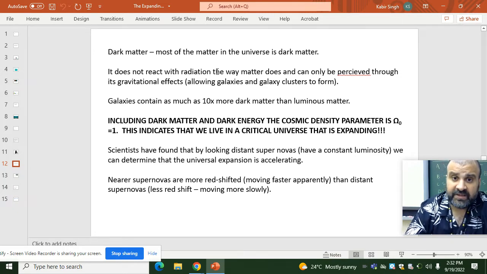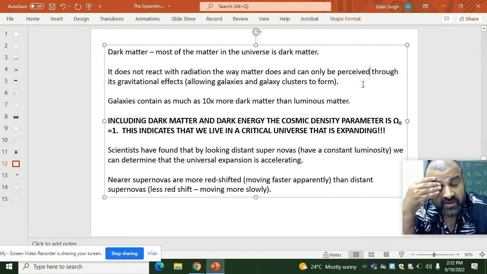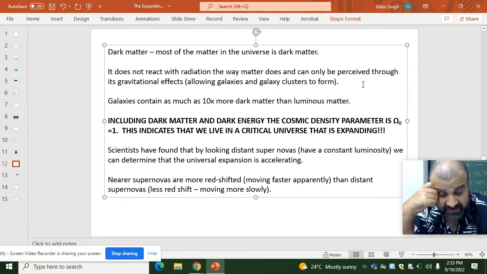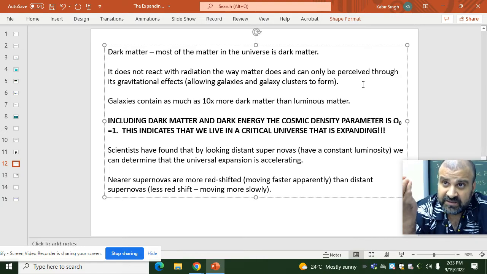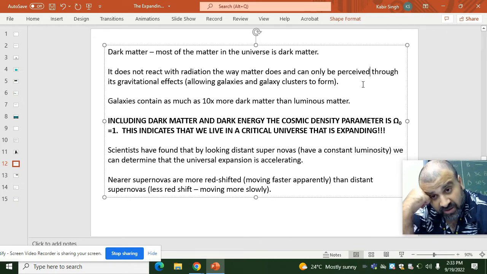The only way we know dark matter exists, looks like I spelt that wrong, is that there's evidence that there's something there because of the way galaxies are forming and the way they're clustering together. There's evidence of these strong gravitational pulls, and in our galaxy group there's this thing called the great attractor.